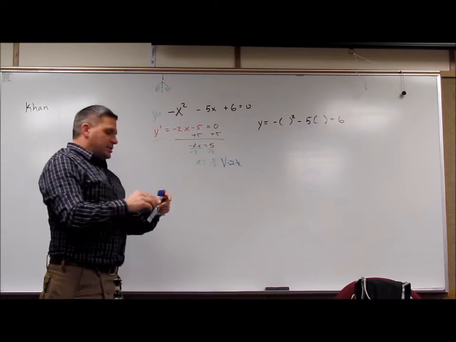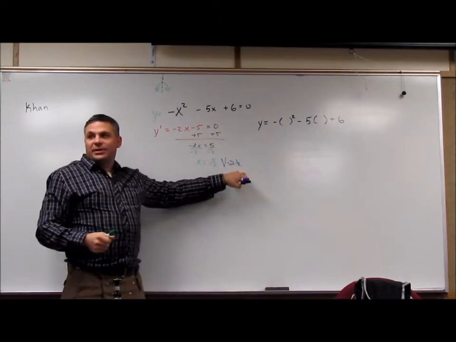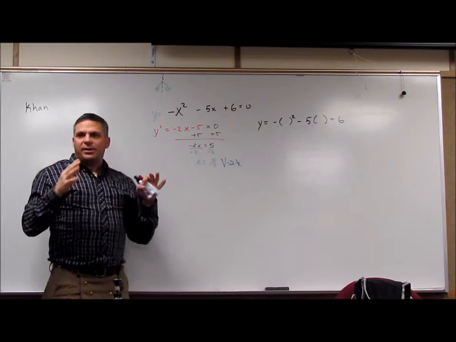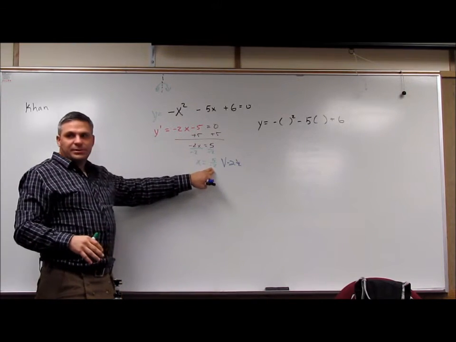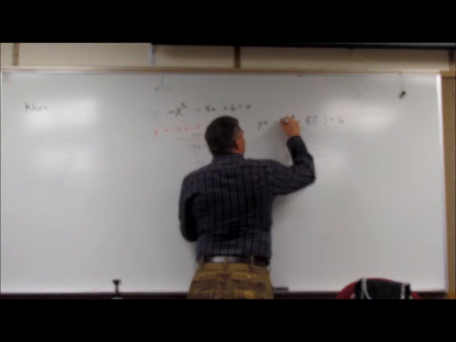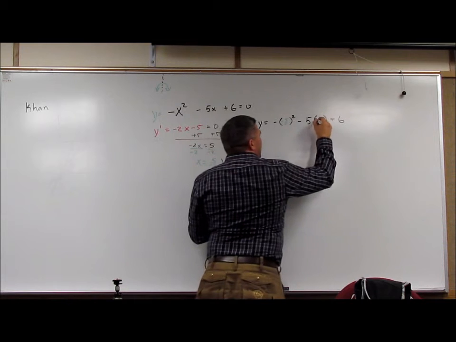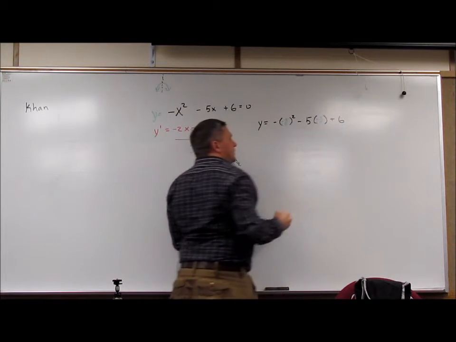Okay? And so my x, remember, is negative 2.5. Or if I'm going to be squaring it and stuff, let's just keep it in its regular fraction form. So negative 5 over 2. Okay? And negative 5 over 2.